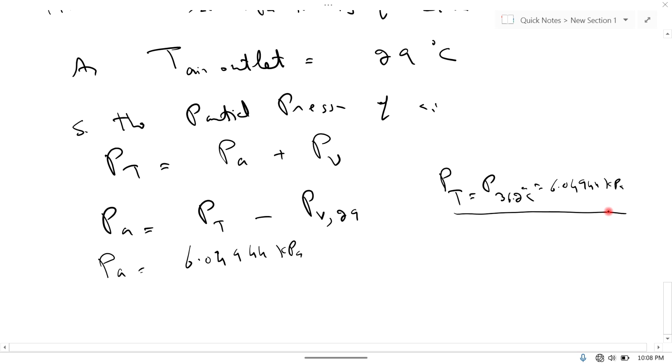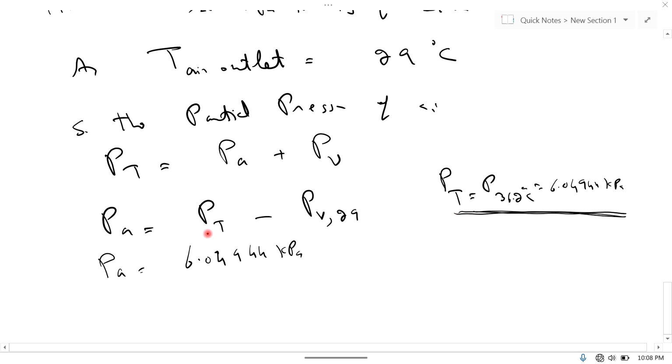This is P at 36.2 degrees centigrade, which is P total because there is an assumption in the statement that the pressure is constant throughout the condenser. So this is the total pressure which is constant throughout.